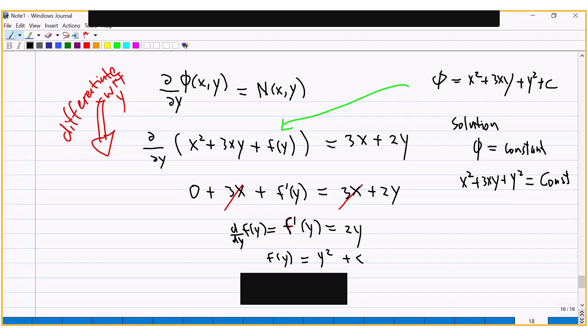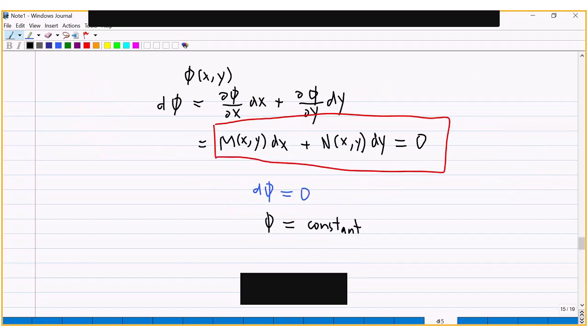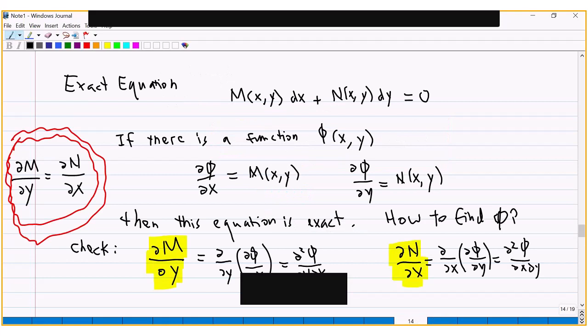Every exact equation can be done in this way. But the moment you know that this is an exact equation, you can do it this way. So what is the exact equation? Let me put it back first. The first thing basically is there must be a function, differentiate with respect to x, you get m. Differentiate the function with respect to y, you get n.